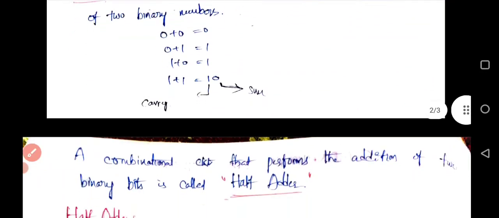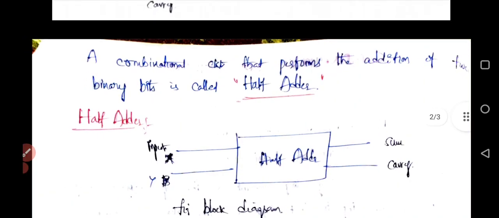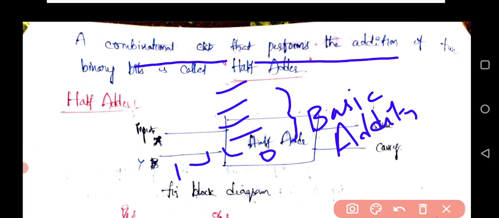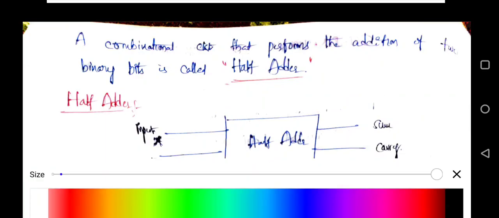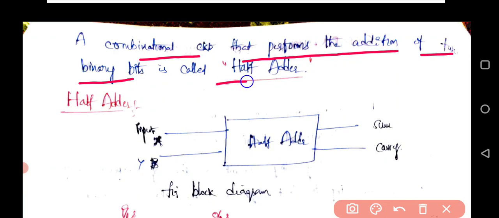Let us see how we design the half adder. A half adder is a combinational circuit that performs the addition of two binary bits. This is very important: a combinational circuit that performs the addition of two binary digits is called a half adder.